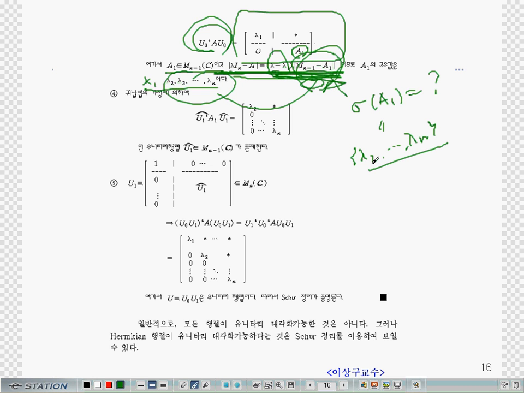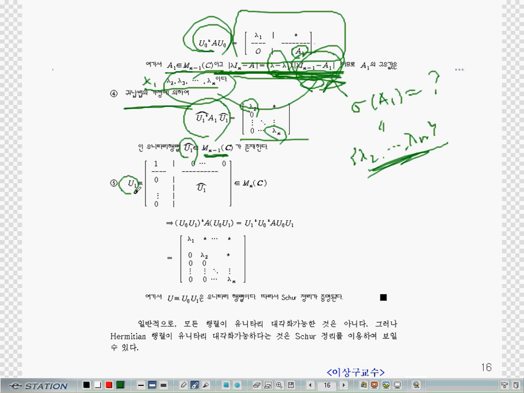With this, we can use the induction hypothesis. There exists another unitary matrix U1 hat that makes the submatrix A1 similar to an upper triangular matrix with all these eigenvalues on the diagonal in the order that we like to have. Okay? Then this unitary matrix has a size n minus 1 by n minus 1.